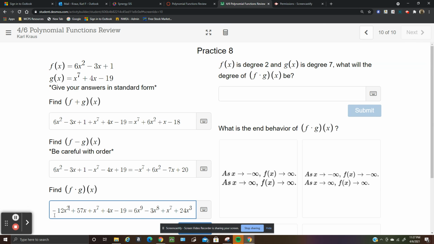Any x squared terms? Yep. Minus 114x squared and minus 12x squared, so minus 126x squared. And then here's a 4x and a 57x, which would be 61x.